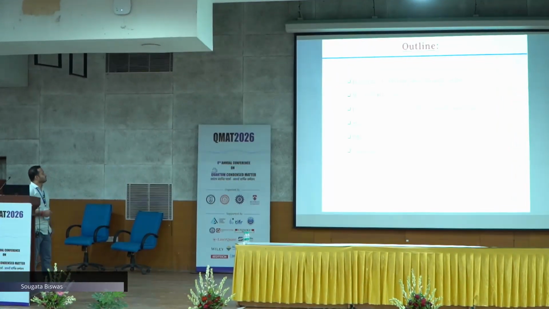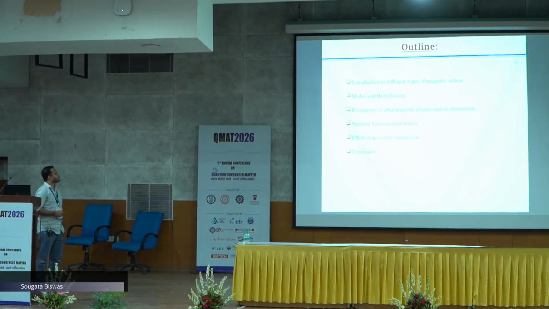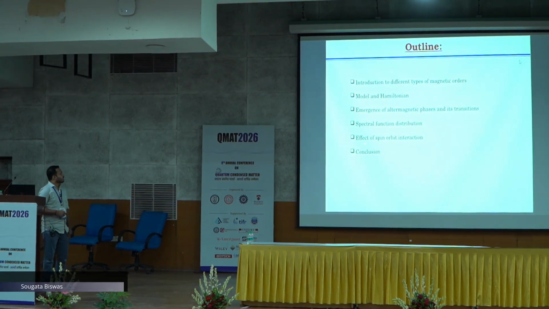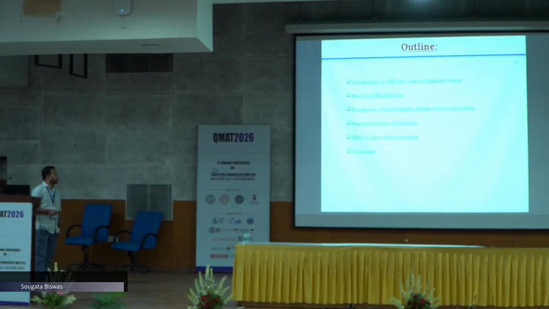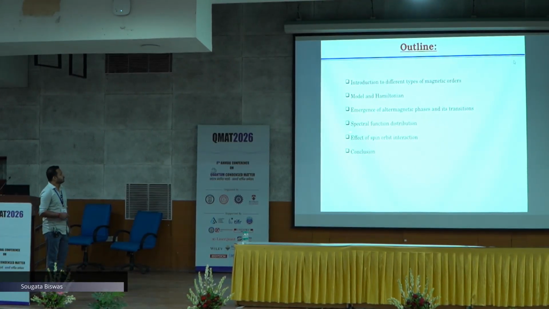Then I will move to our model system and Hamiltonian. After that, based on a self-consistent order parameter calculation, the emergence of altermagnetic phases and the corresponding phase transitions will be discussed. Then I will discuss the spectral function distribution over different altermagnetic phases, and I will also uncover the effect of spin-orbit interaction in altermagnetic phases, followed by a conclusion.